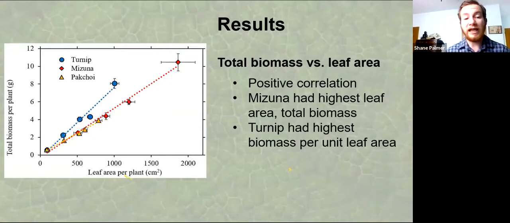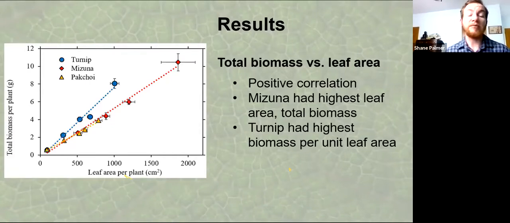However, if you look at the angle of the slope of that curve, you'll notice that turnip actually has the highest biomass per unit leaf area of the three. Pak choi has a pretty similar slope to Mizuna, but turnip, you could say, outperformed them when it comes to biomass per unit leaf area.